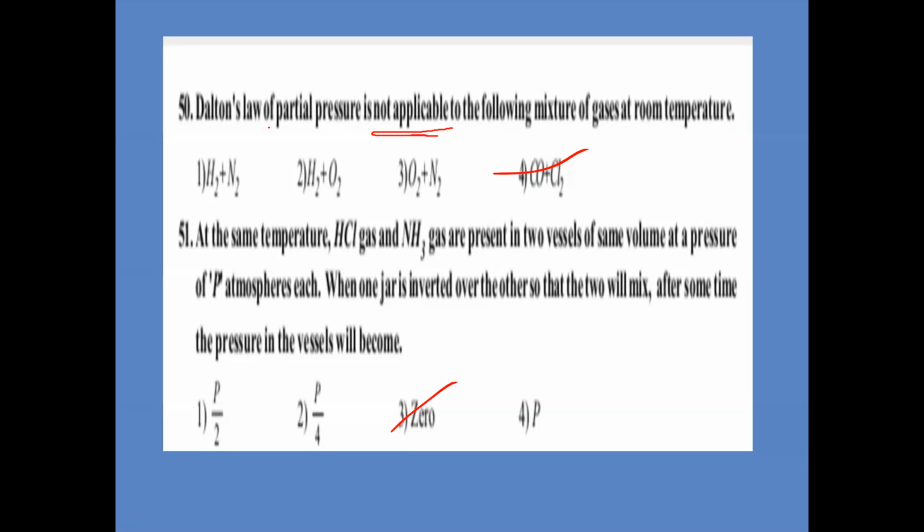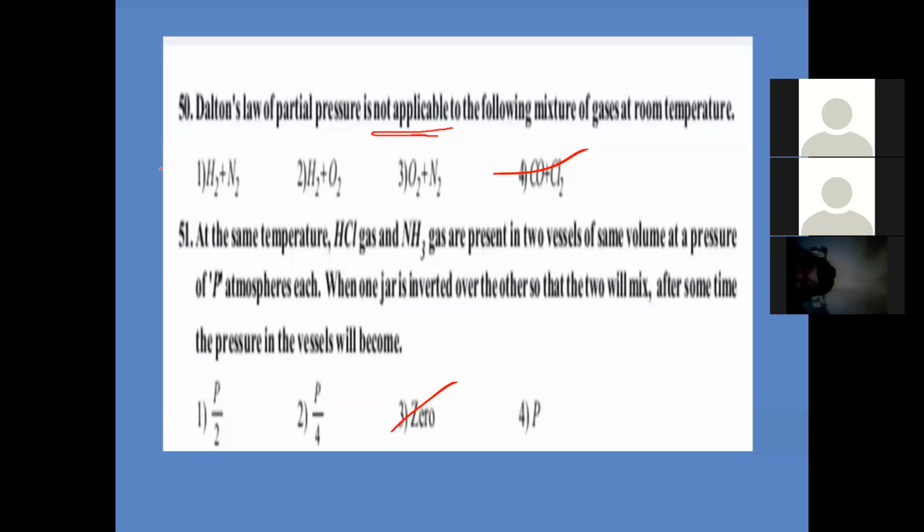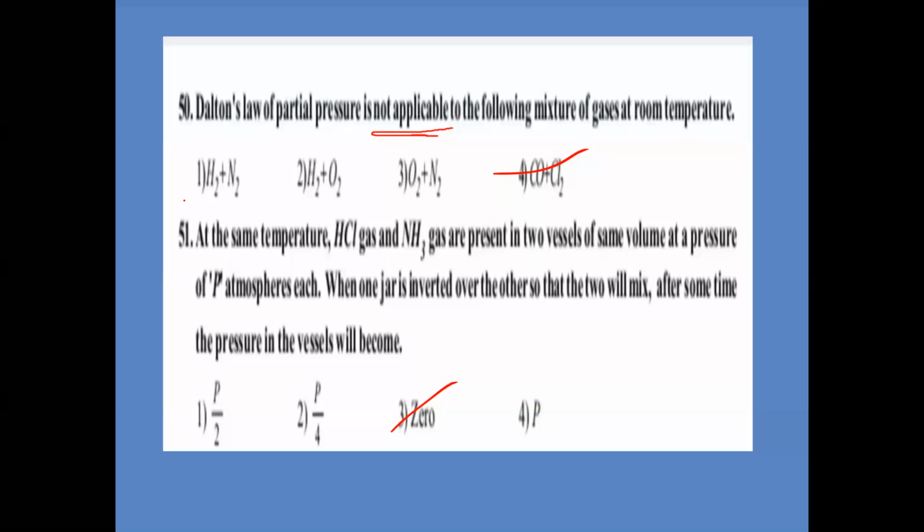It is not applicable to a gaseous mixture in which two reacting gases are taken. Here, at room temperature, hydrogen and nitrogen do not react with each other because nitrogen has a triple bond, which makes it inert. It does not react.